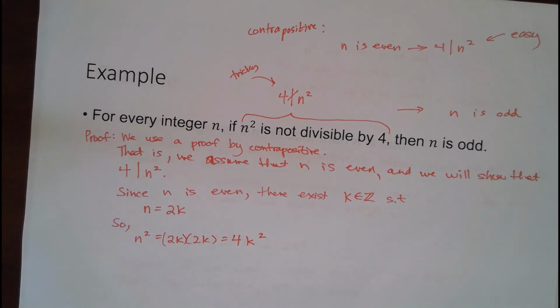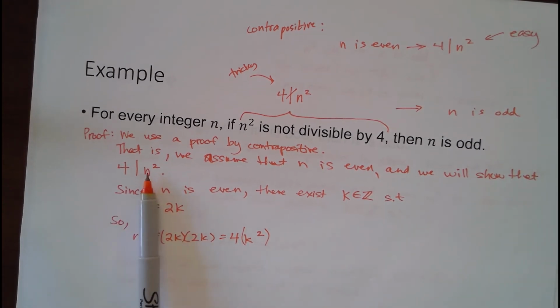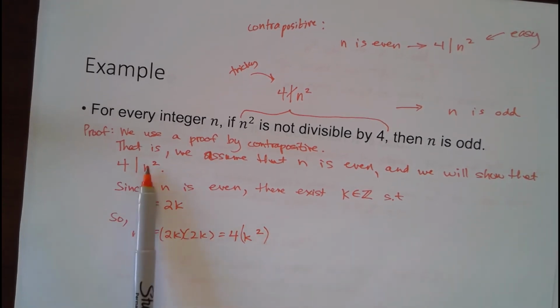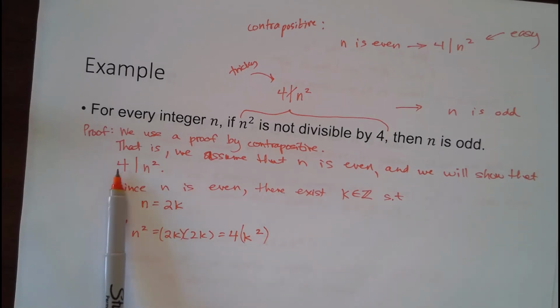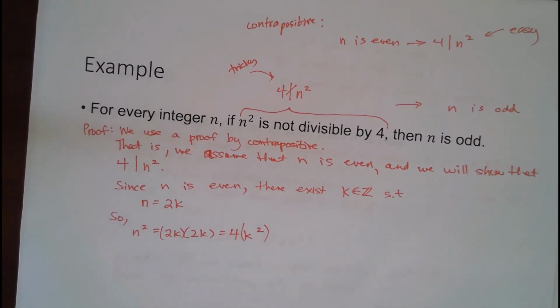I'll even put parentheses around this. Remember, if we wanted to make an argument that 4 divides n squared, we have to be able to write n squared as some integer multiple of 4, as 4 times some integer. So is n squared equal to 4 times some integer is the question. And what do we have to prove to show that, yes, indeed, it is in the exact form that I need it to be?